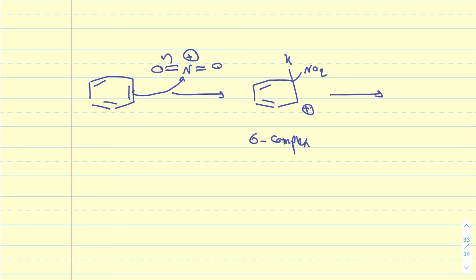And then a base, anything, because this is the fast step of the reaction, so the identity of the base doesn't really matter. I'm writing HSO3- because it gets regenerated this way, and we demonstrate how it's acting as a catalyst, but it's going to abstract that hydrogen anyway to create the final product of the reaction.